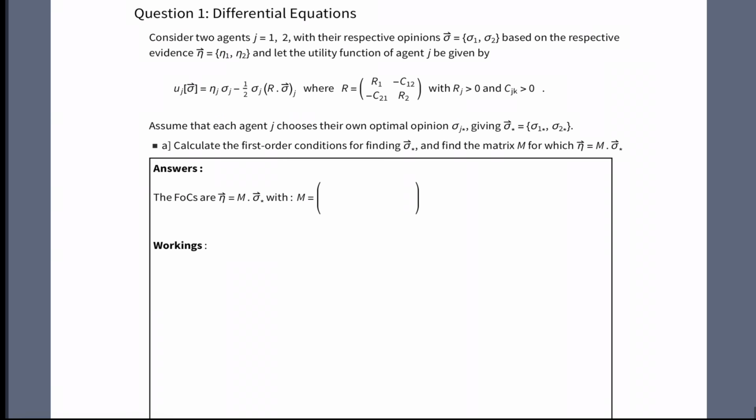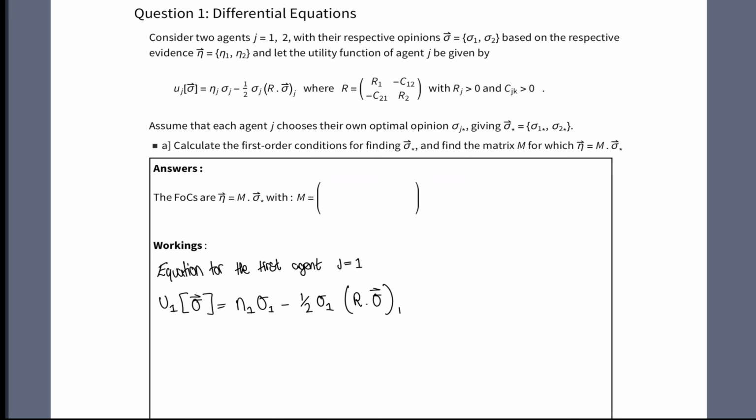Cool. What we are first going to do is write down the equation for the first agent, which is j equal to 1. So when we do that, we get U1 of the vector sigma is equal to eta 1 sigma 1 minus a half sigma 1 (the matrix R multiplied by the vector sigma)_1.